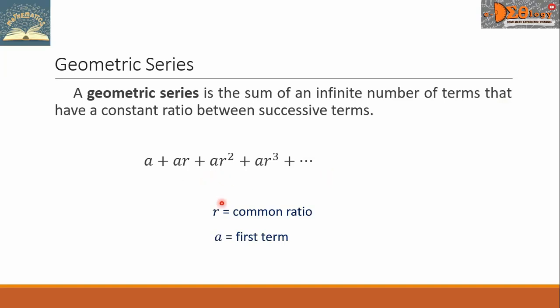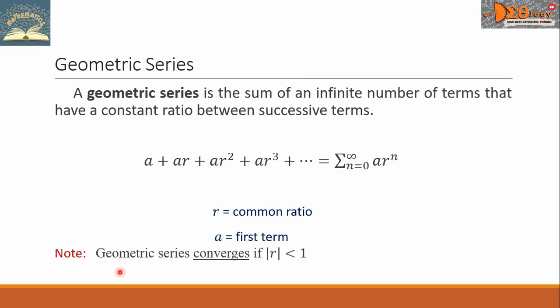The r here is the common ratio, and a, we can see that it is the first term. In sigma notation, we write summation from n equals 0 up to infinity of a multiplied by r raised to n.